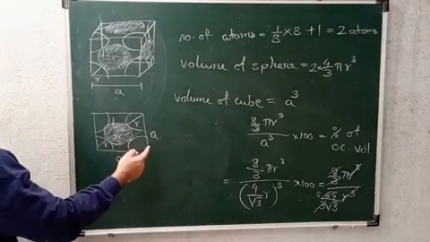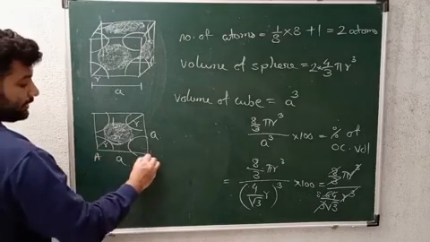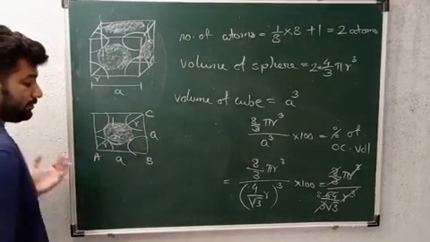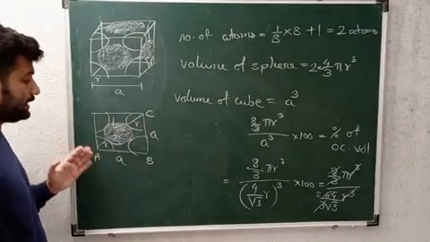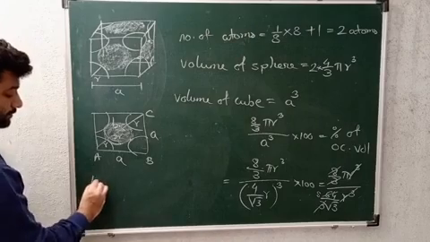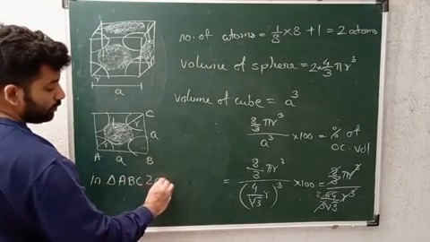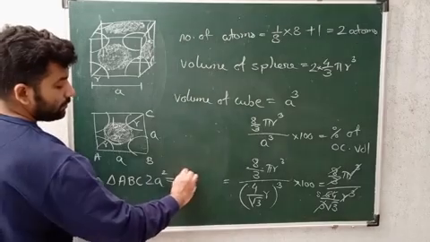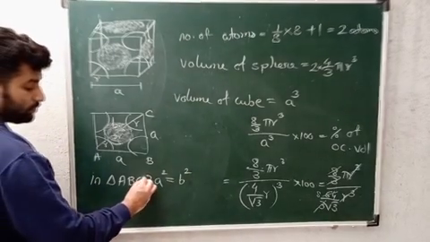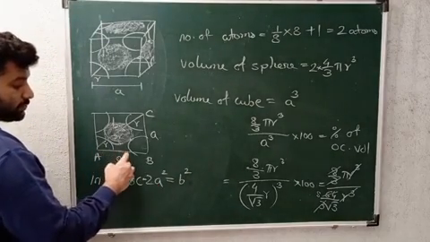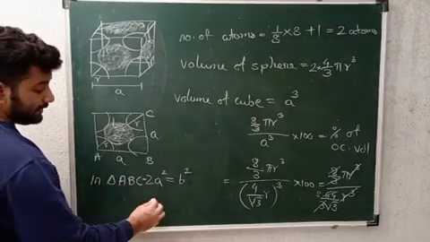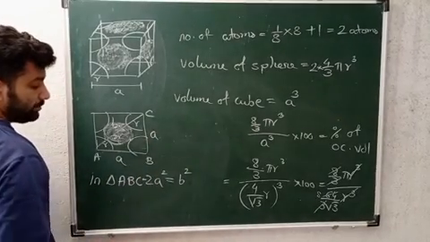By using the Pythagoras theorem in triangle ABC, we can write 2A square is equal to B square. So 2A square means A square plus A square. We have added them, so 2A square is equal to B square.